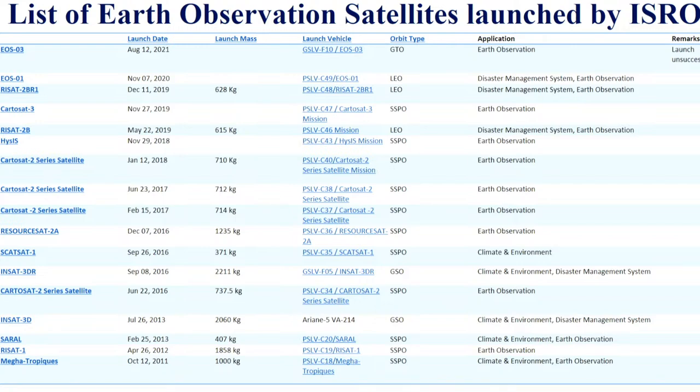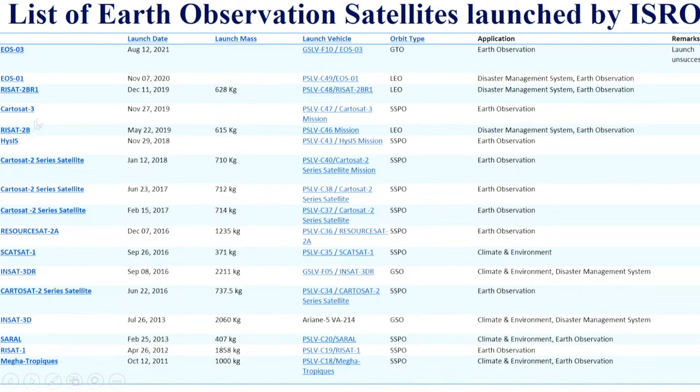Once you put this observed data into those models, the model simulates and tries to converge on your observed data. Once it converges, you get the best information about the length of the fault, width of the fault, slip, depth, and the location. All this information we get once we model this data, GPS as well as SAR data.